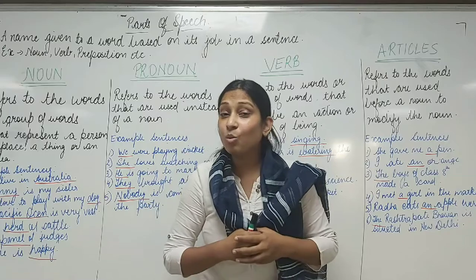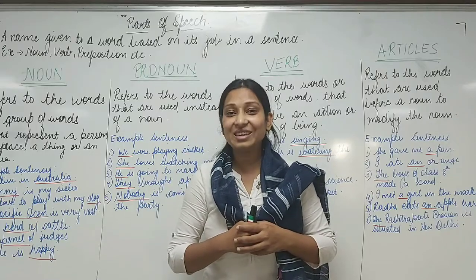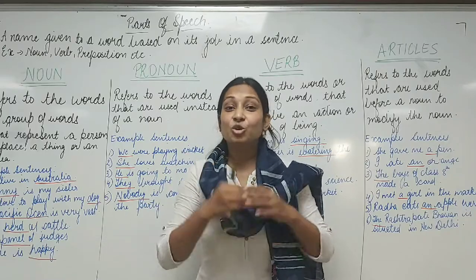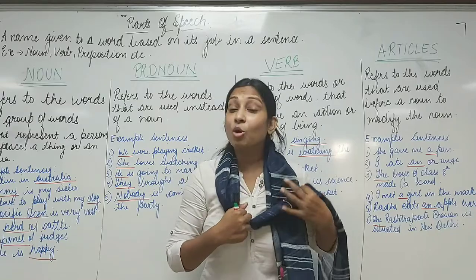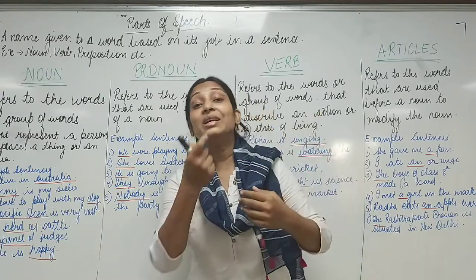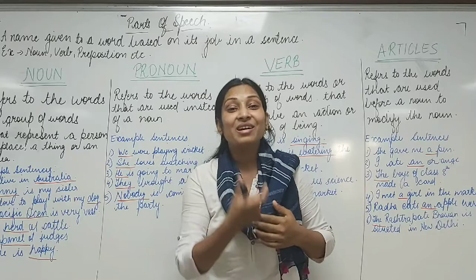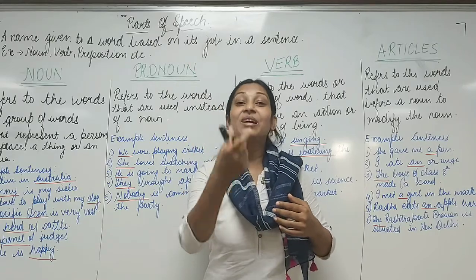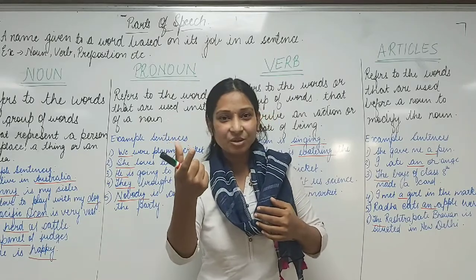But instead of Gandhiji, what can I write, children? He. So he is a pronoun because I am using the word he instead of the noun Gandhiji. Is that clear to everyone?